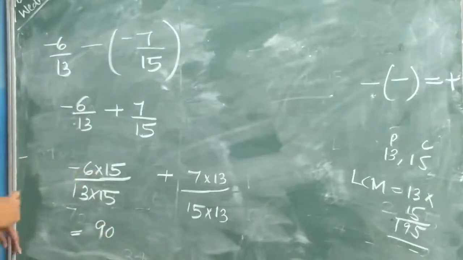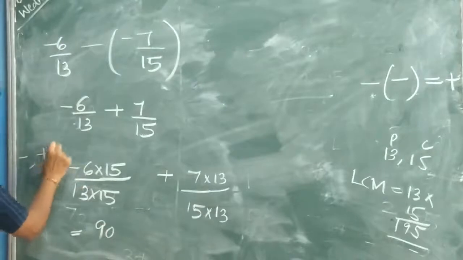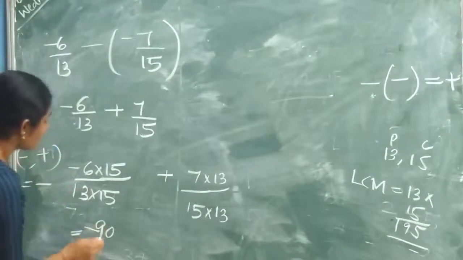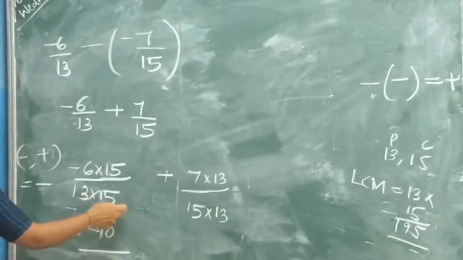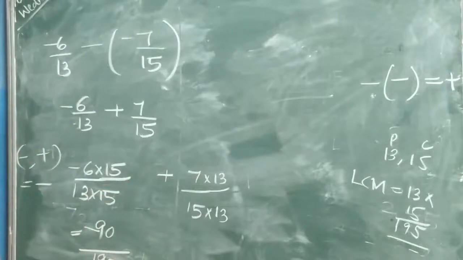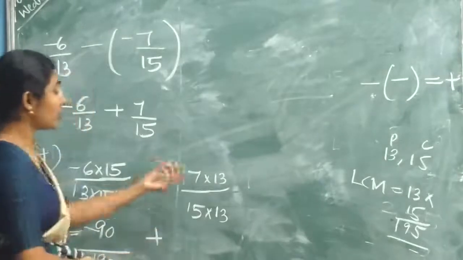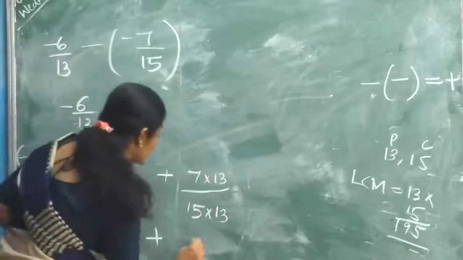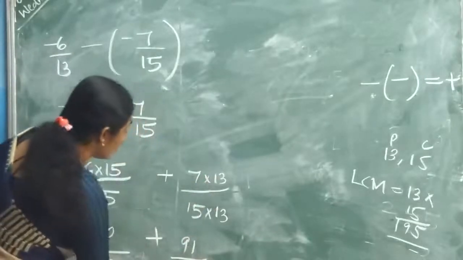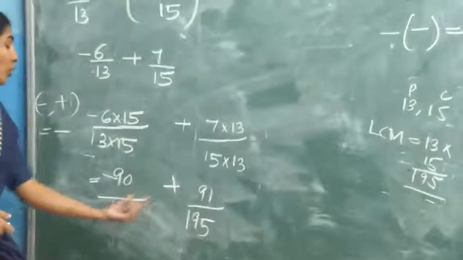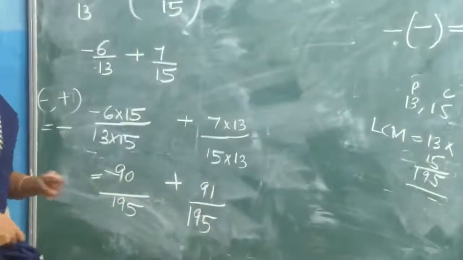When you multiply one negative number and a positive number, the answer should have a negative sign. 13 multiplied by 15 is 195. See the next rational number, 7 multiplied by 13. What is that? 91 divided by 195. Now we see both rational numbers have the same denominator.